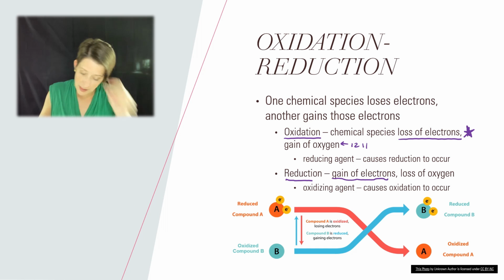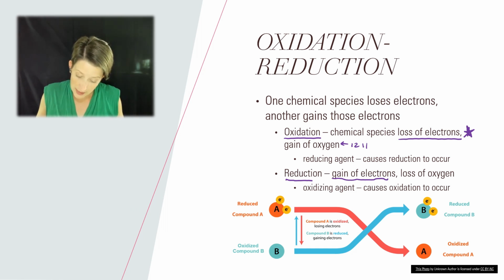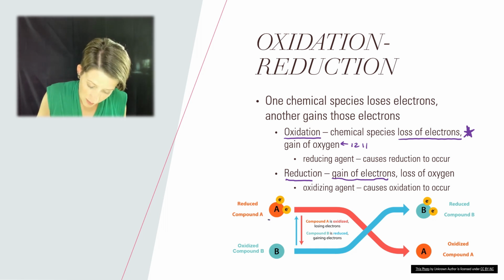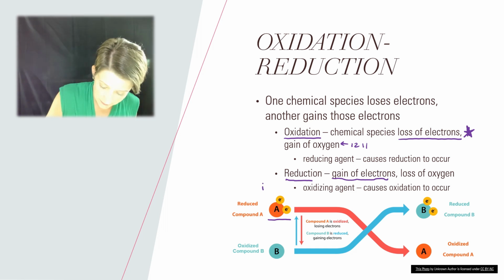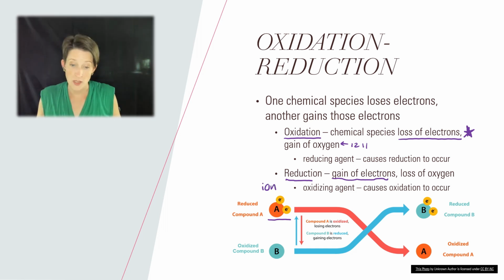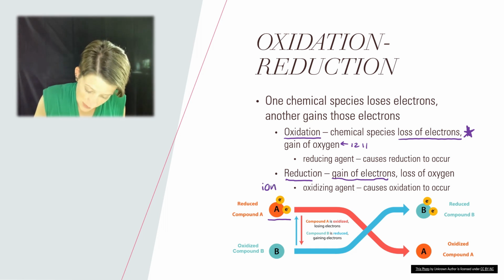We saw this graphic previously, but it gives you what oxidation and reduction is. Here we have species A, an ion, and it has those electrons, whereas B is neutral.